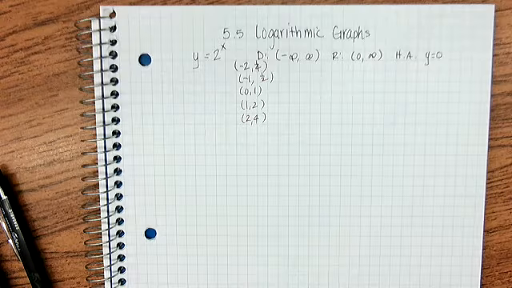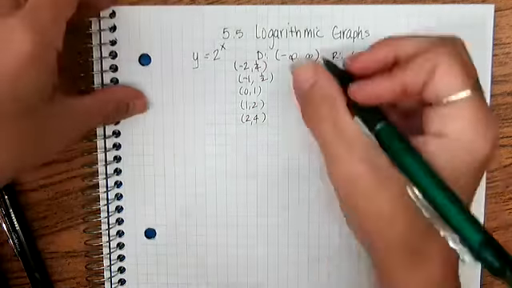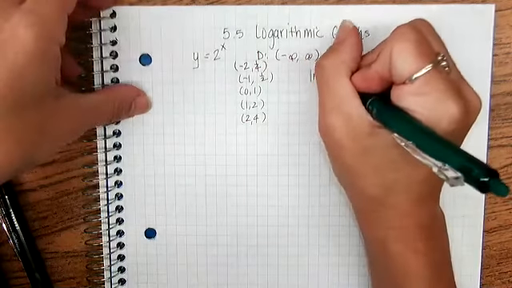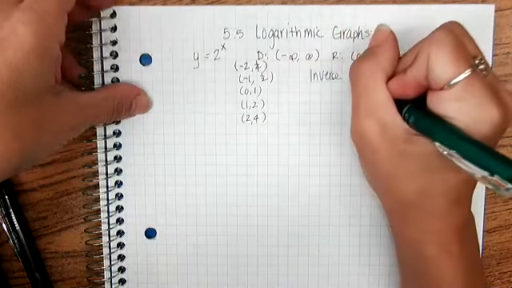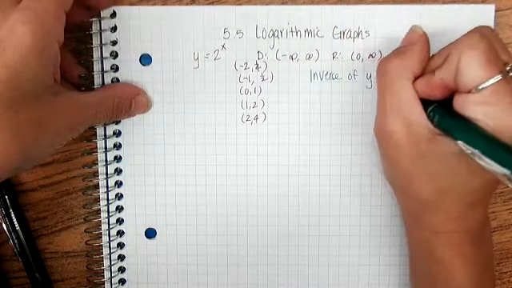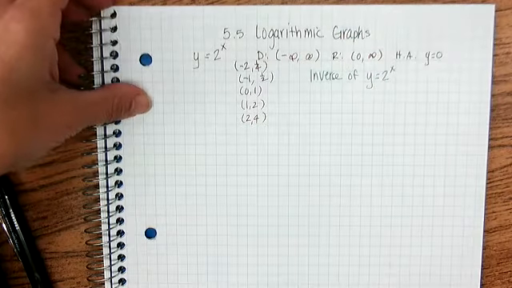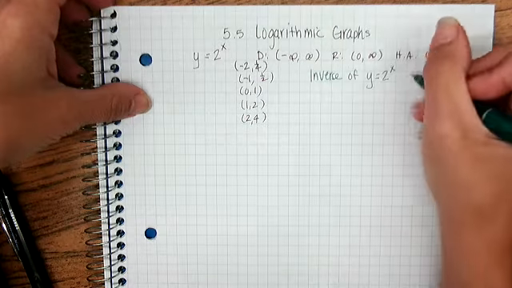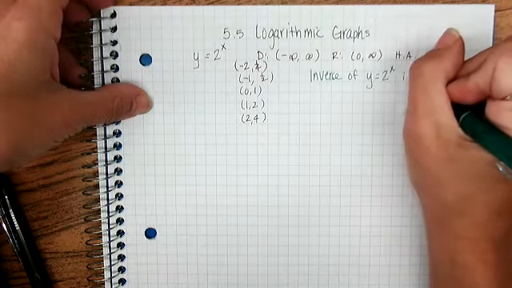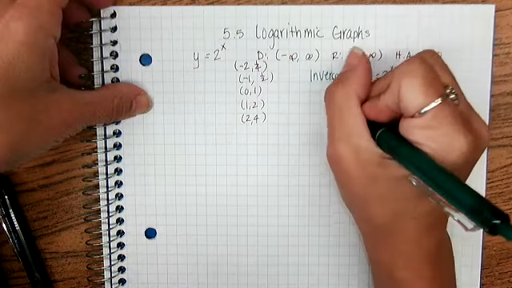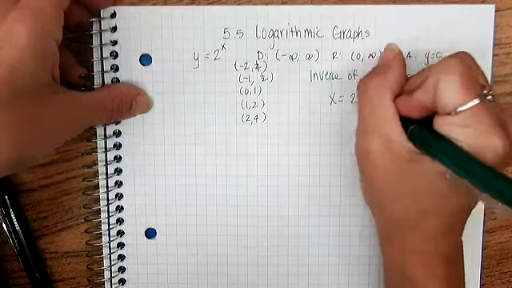If I ask you to find the inverse of y equals 2 to the x, you want to find the inverse of any function, you switch x and y. So the inverse of y equals 2 to the x is x equals 2 to the y.